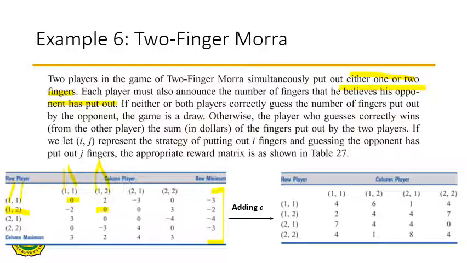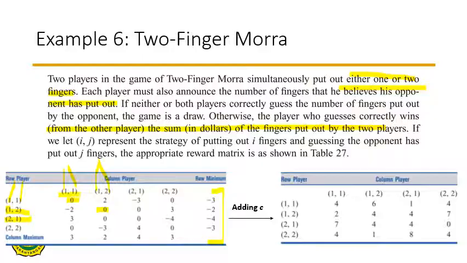But then if somebody is correct, then that person will win from the other player the sum of the fingers put out by the two players. So let's say here the row player puts out two fingers and guesses the column player will put out one finger.